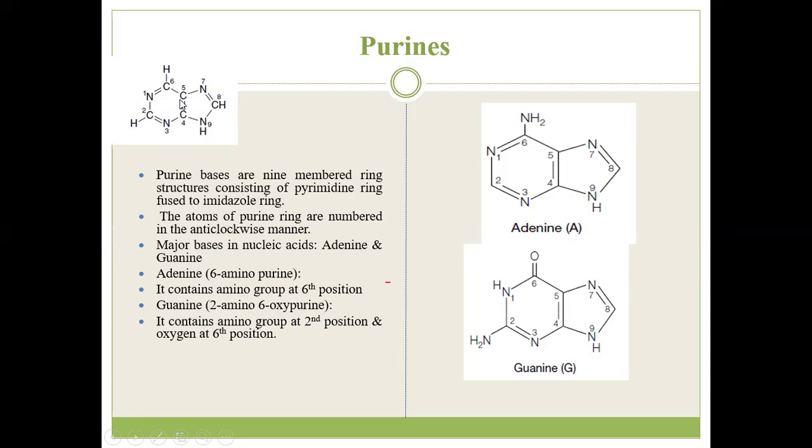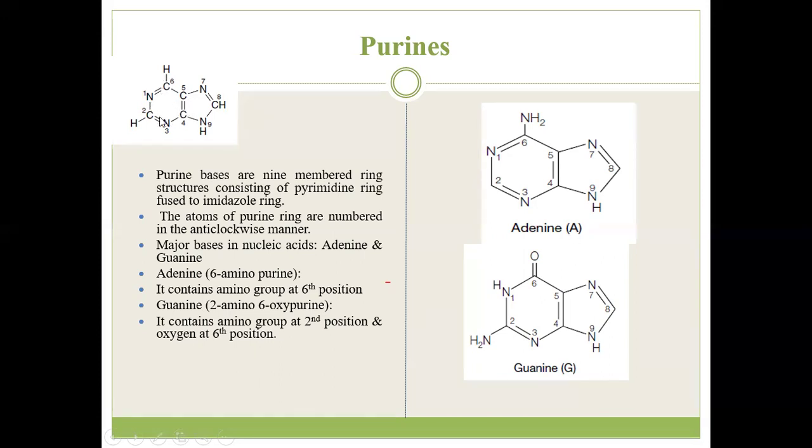The atoms in the purine are numbered in an anti-clockwise manner. You can see nitrogen here is numbered 1. It goes anti-clockwise: we have carbon 2, nitrogen 3, carbon 4, like this. Are we together?